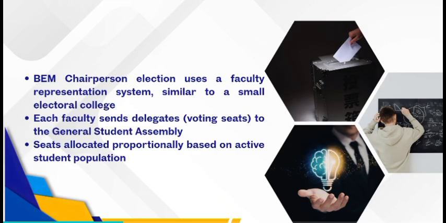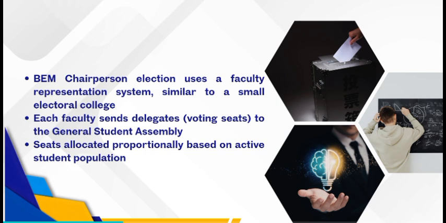Let me start by explaining the situation we're looking at. In many universities, electing the head of the Student Executive Board, or BEM, is always done by direct voting, where one student equals one vote. Instead, some campuses use a system where each faculty sends delegates, kind of like a small-scale electoral college.